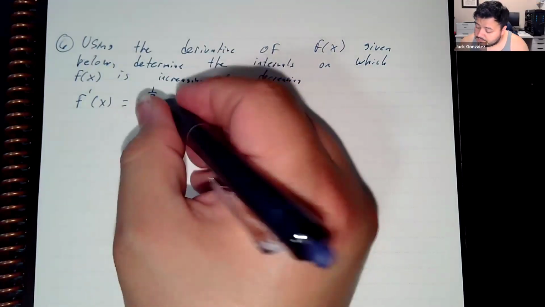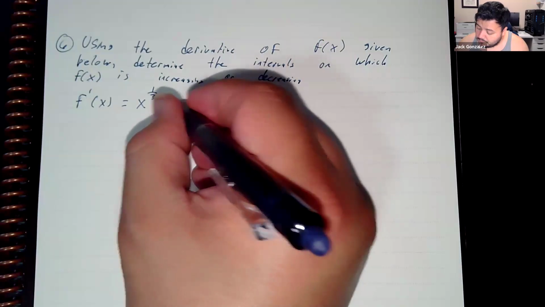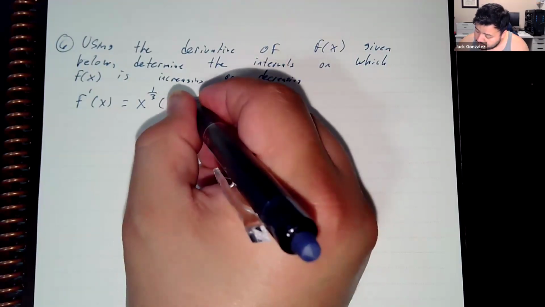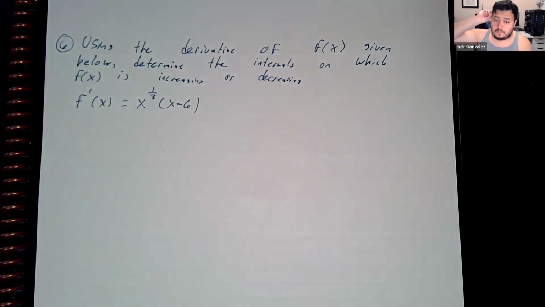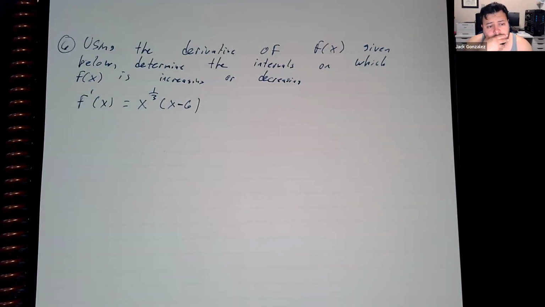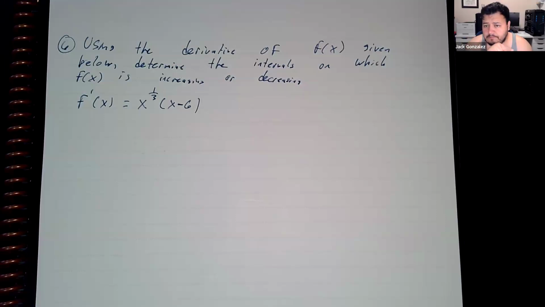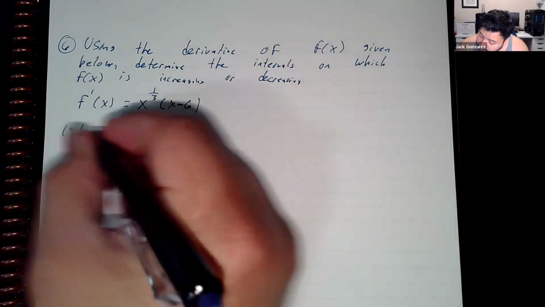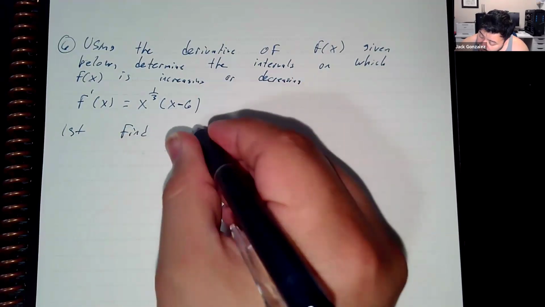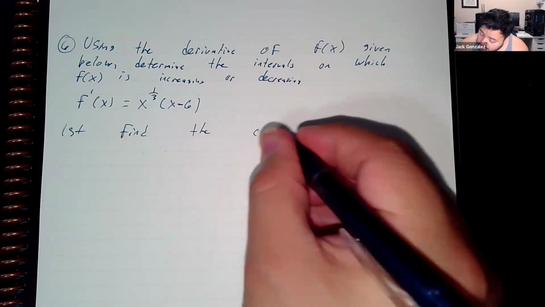Yeah, we need the critical numbers, right? And once we have them, what do we do? Test the points. Yeah, just test around them, right? Because if the derivative is negative, then it's decreasing up until the next critical point. So first, find the critical points.